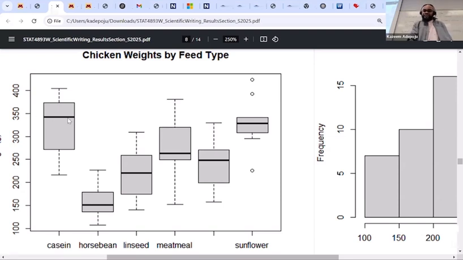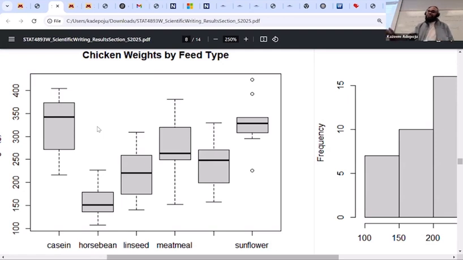The fact that this one is not in the middle shows it is skewed. I can use box plots to answer a question about normality. Take a look at this one. This is very close to normal. Look at that, it's in the middle. Can you see that? For linseed.